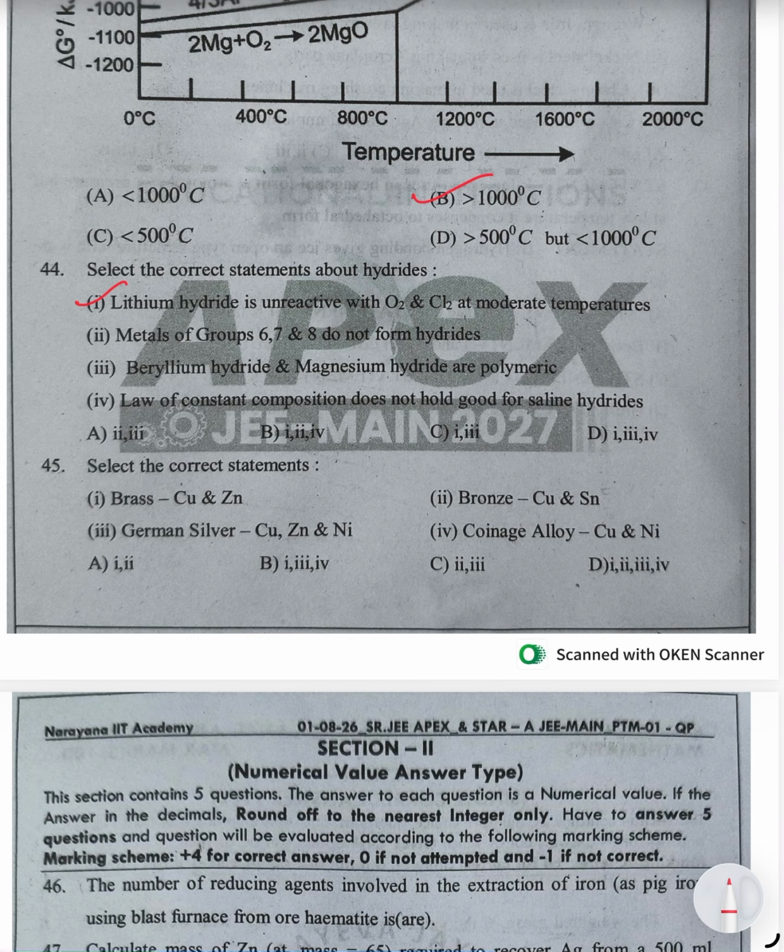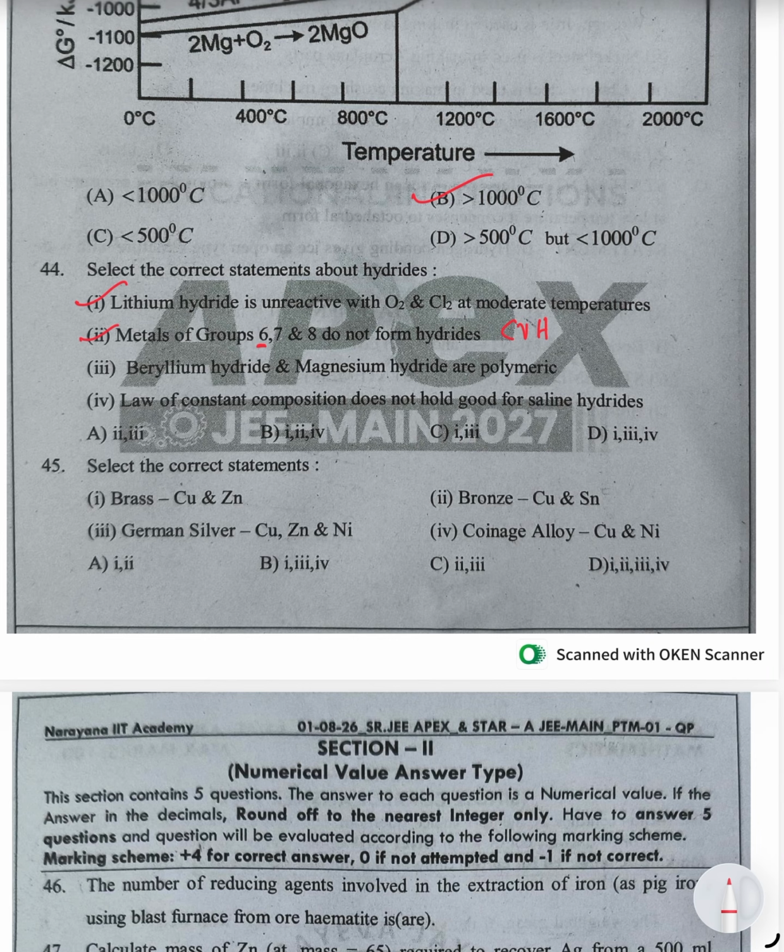Next, metals of group 6, 7 and 8 do not form hydrides. Why? Because the 6th, 7th, 8th do not form hydrides, but an exception is there. That is a 6th group element, chromium, which can form hydrides. Chromium hydride.